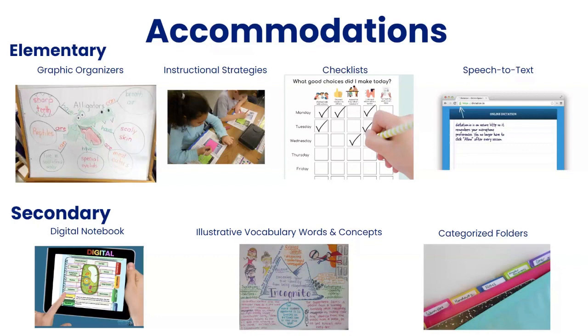For secondary: digital notebooks, illustrated vocabulary or subject concepts, categorized folders. For instance, while the categorized folders can help a student with special needs, using this type of folder is beneficial to all.